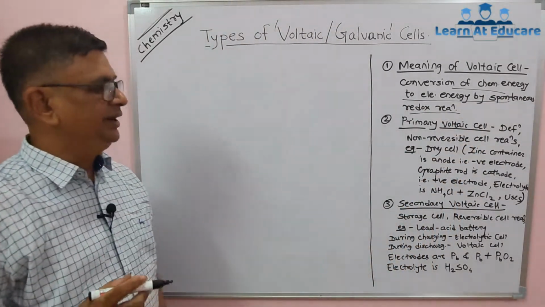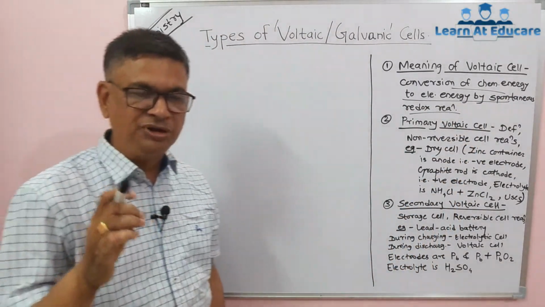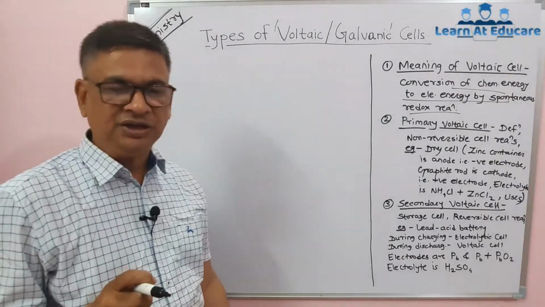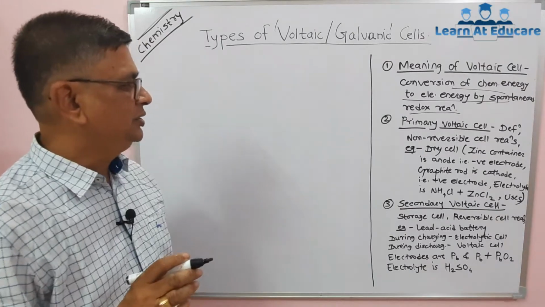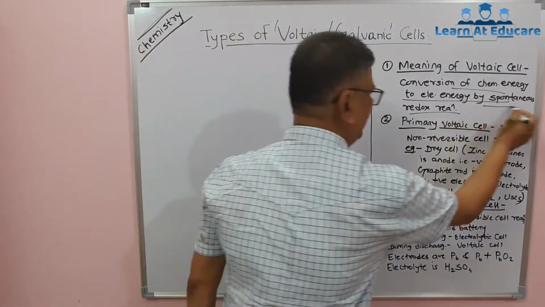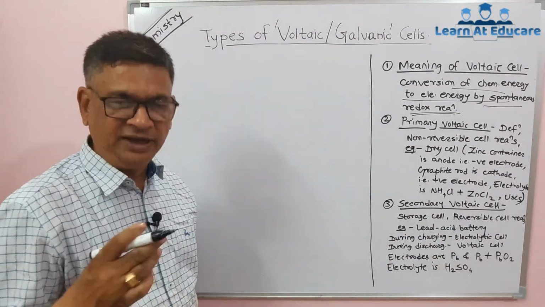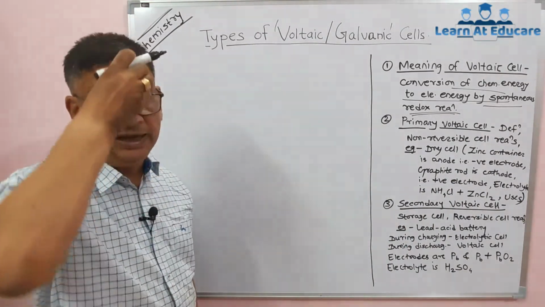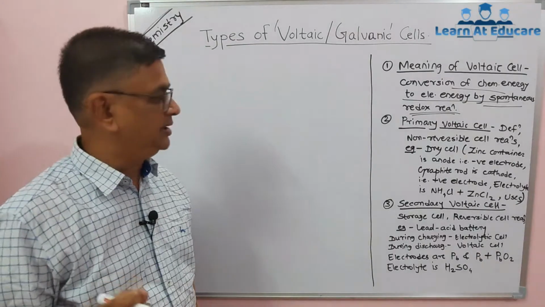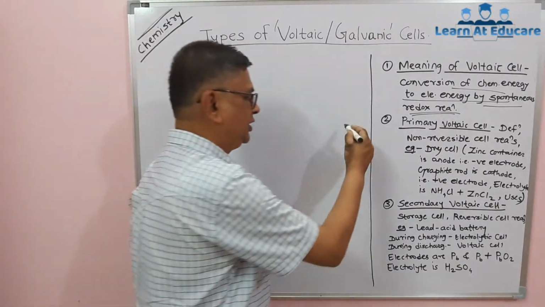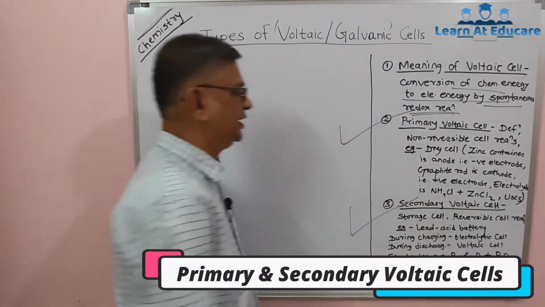That is, a spontaneous redox reaction occurs which converts chemical energy into electric energy, means we get electricity from the chemicals. There are two types of such voltaic cell, one called primary and the second called secondary.